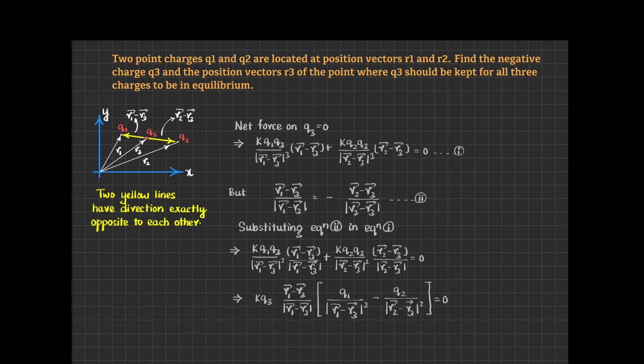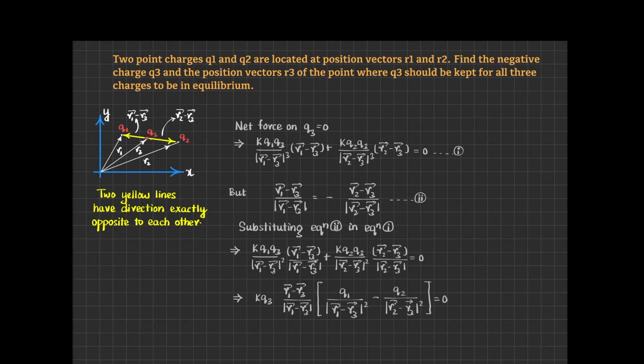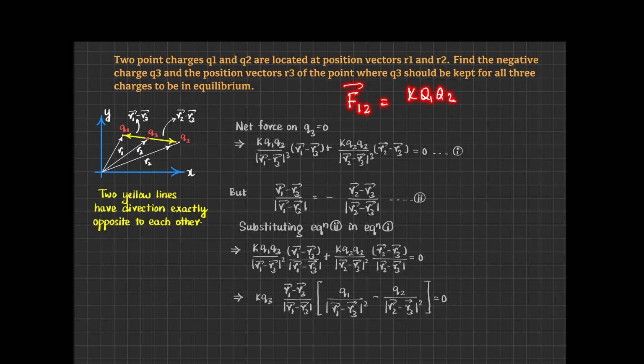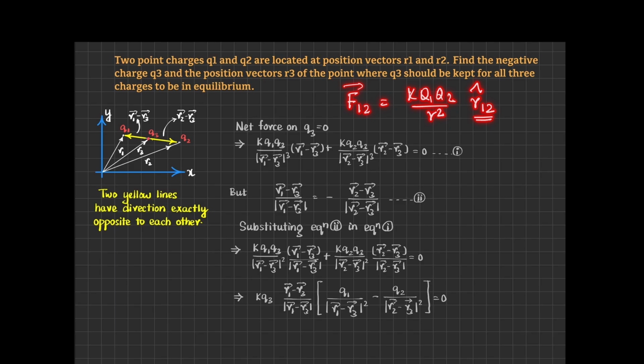So first we are writing net force on q3 to be 0. Third charge we are trying to balance it, the net force on the third charge. So we are writing the force in vector form. See, if I write force on 1 due to 2, then it will be the magnitude of the force k q1 q2 by r square, but the direction will be r of 1 with respect to 2, right? So that's what we have written here.